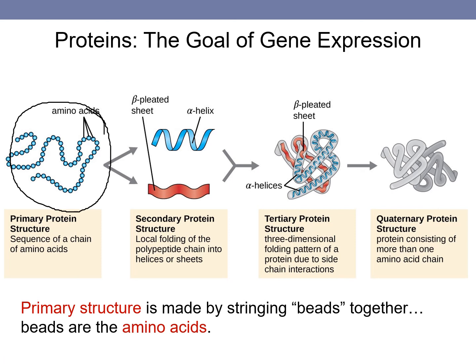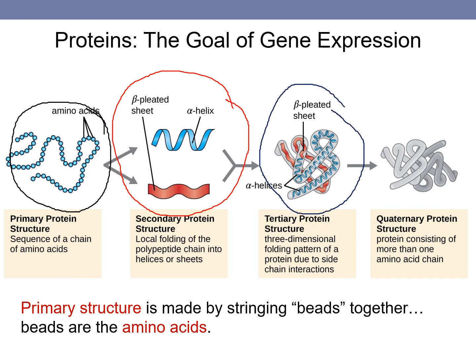Once we have our primary structure, then we can start folding. Those amino acids are going to interact with each other to make alpha helices or beta sheets. Those alpha helices and beta sheets can further fold on themselves to create this tertiary structure.